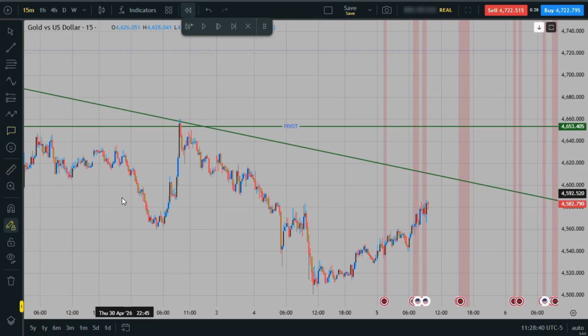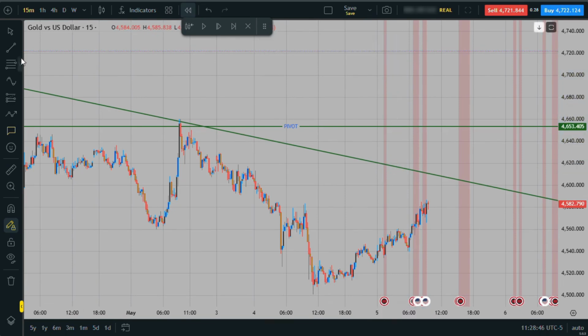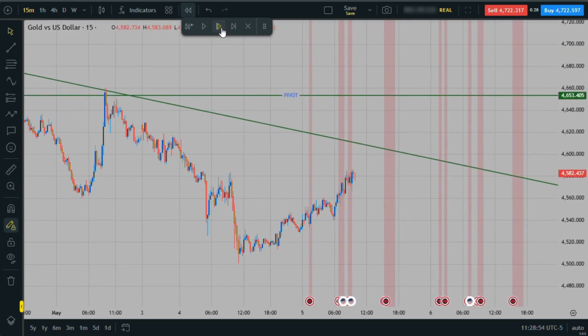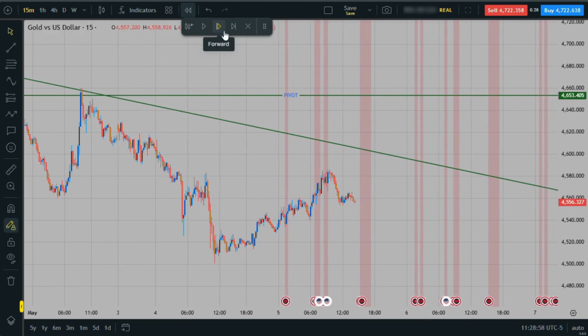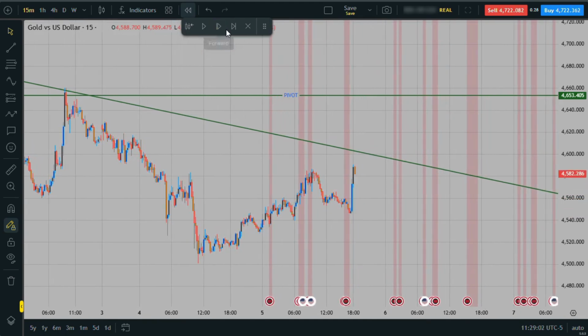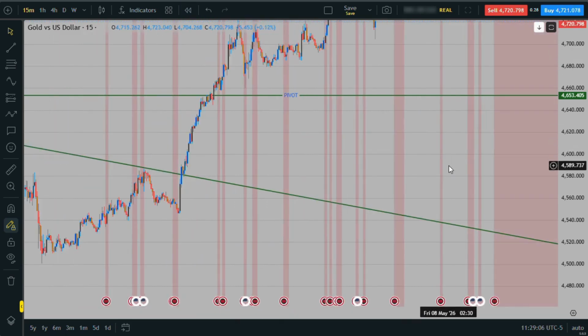So either price breaks this trend line here and goes up, or reverses at this trend line. Let's see what price did in the 15 minutes. Right now I'm looking for confirmation here. Come on.